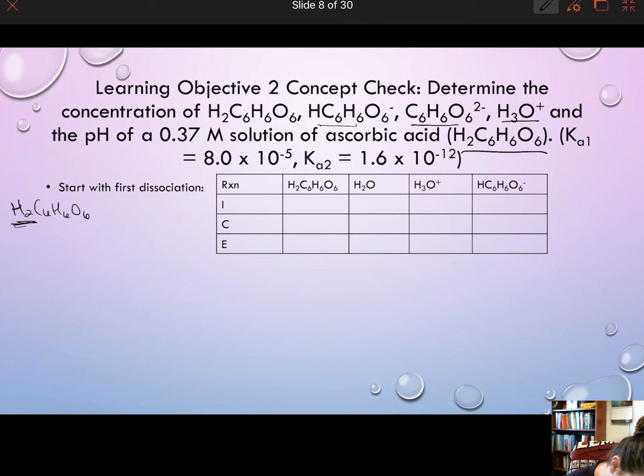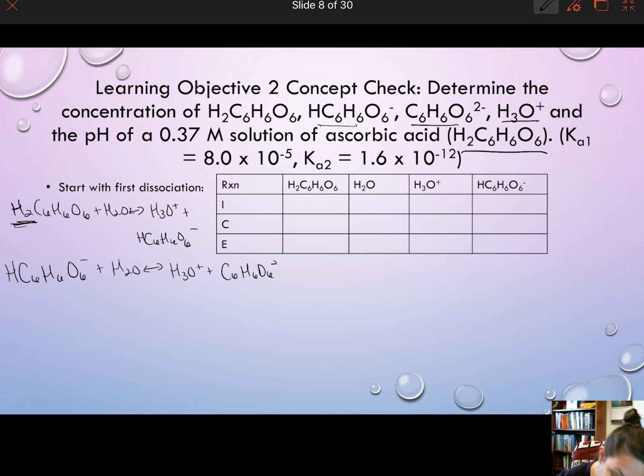So the first one looks like that, and our second dissociation, we'll take our ion species here, and it will do a second dissociation like so.